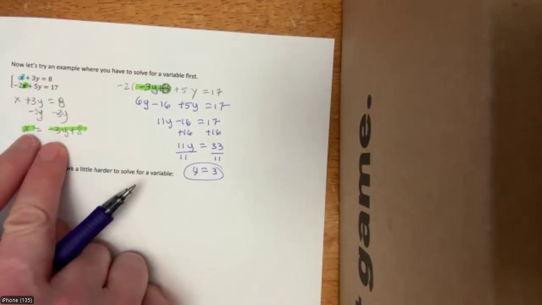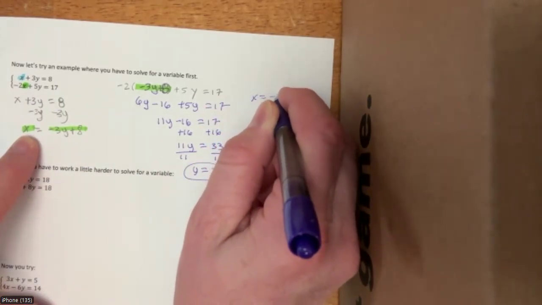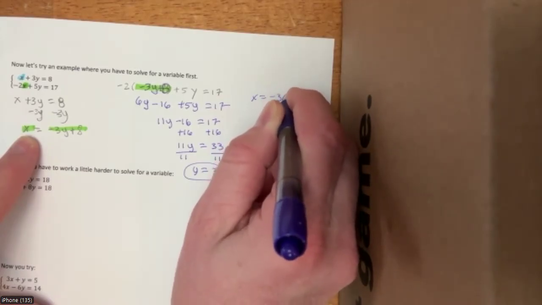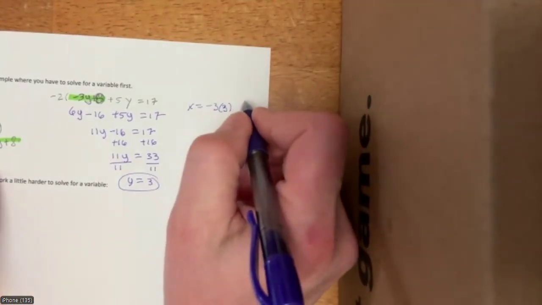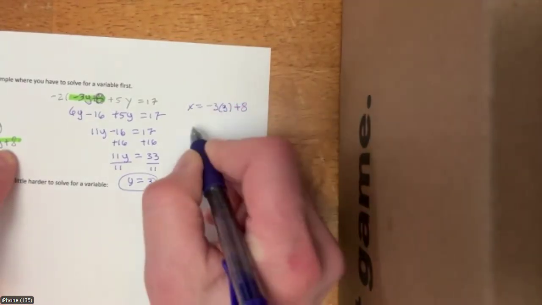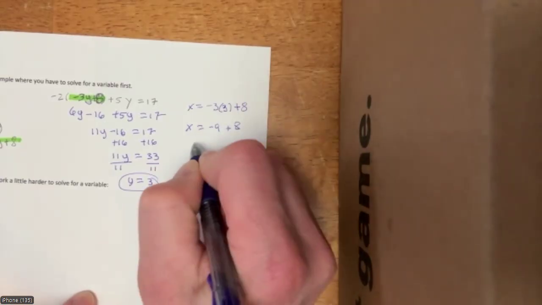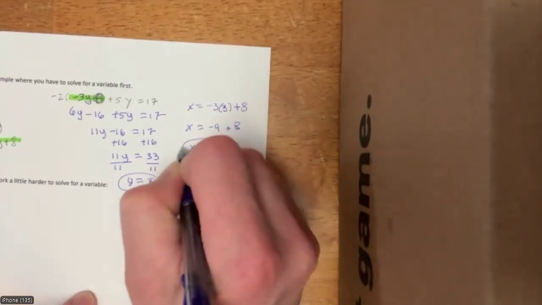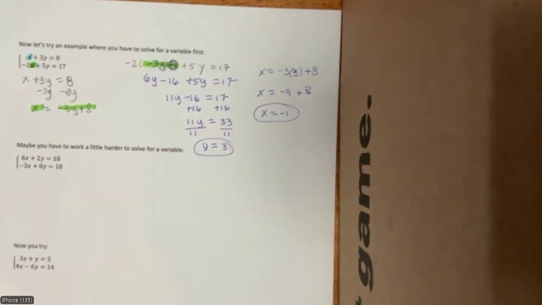I think that one looks the easiest. So we're going to do x equals negative 3 times y, which is 3, plus 8. So x equals negative 9 plus 8. So x equals negative 1. So we solved it. We're done.